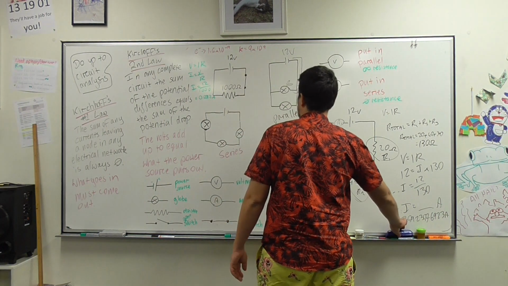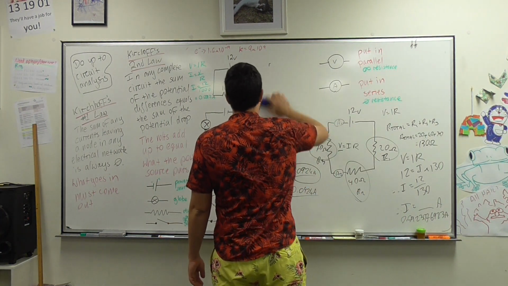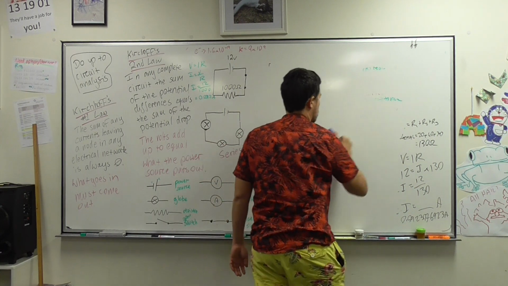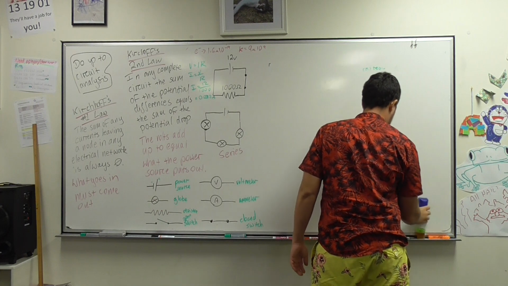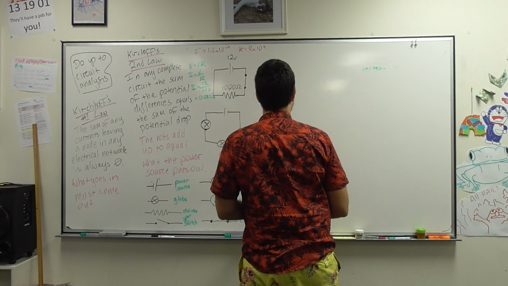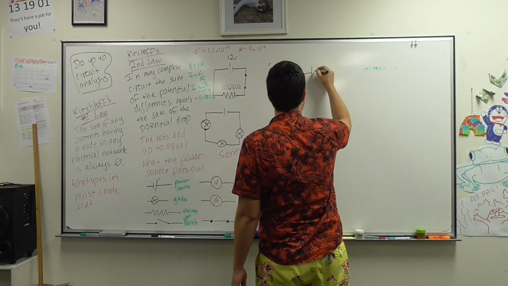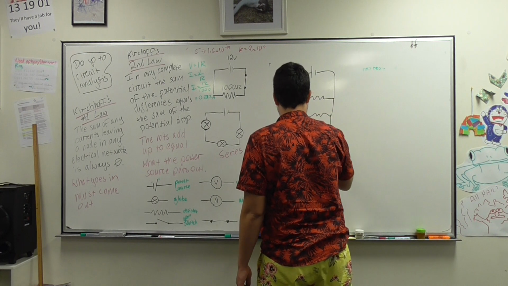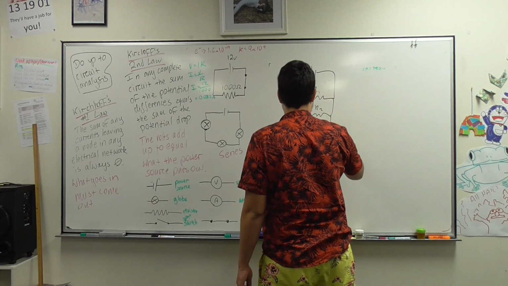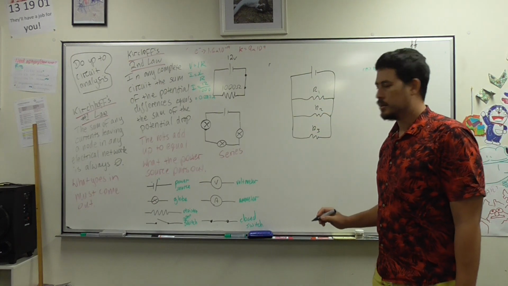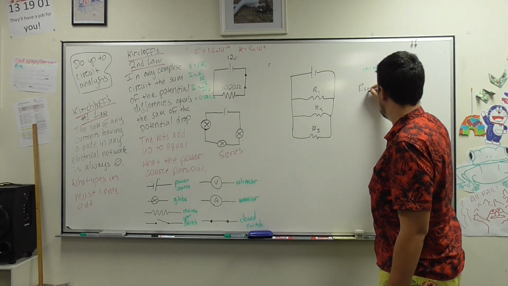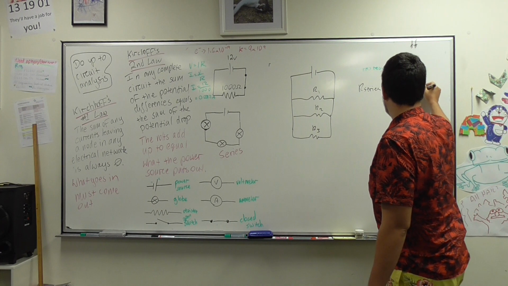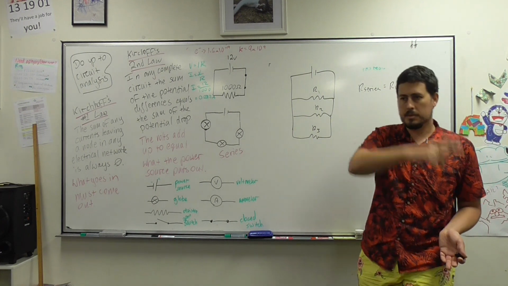It's a bit different when we're dealing with a parallel circuit. We'll call it R1, R2, and R3. In the series circuit, R series is equal to R1 plus R2 plus R3 and so on, however many resistors you have in the circuit.